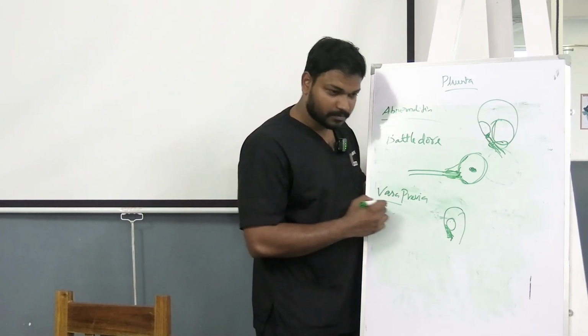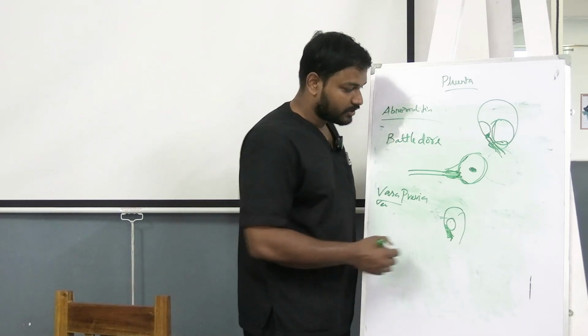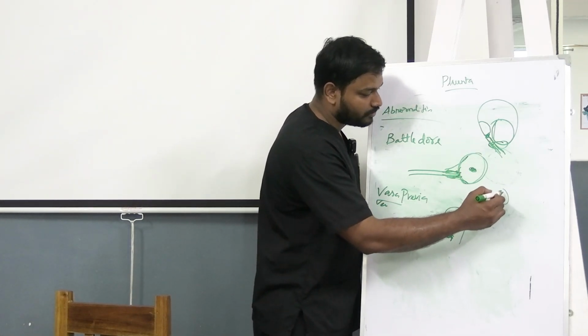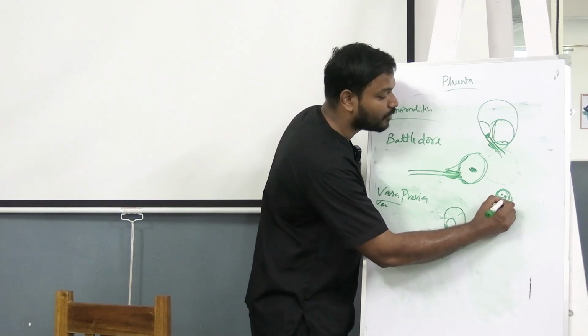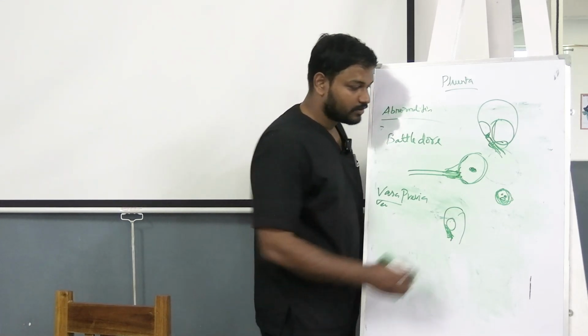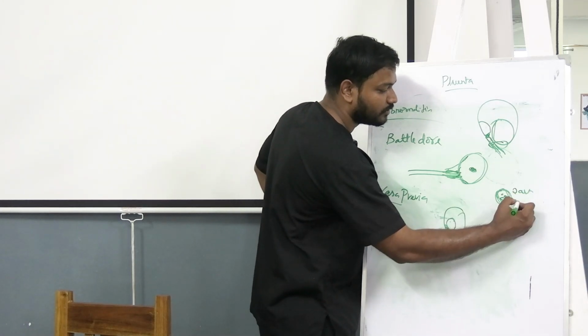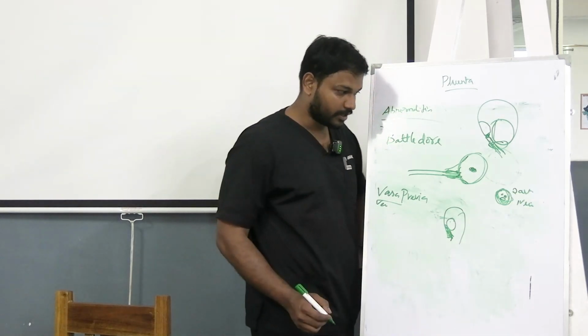Vasa is vessel, blood vessel. If I cut the umbilical cord, there are two arteries and one vein. Two arteries, one vein, very important.